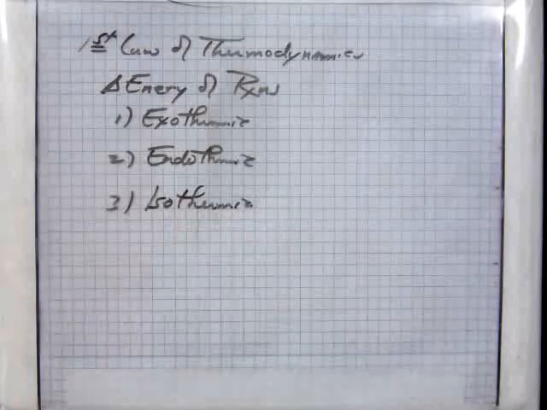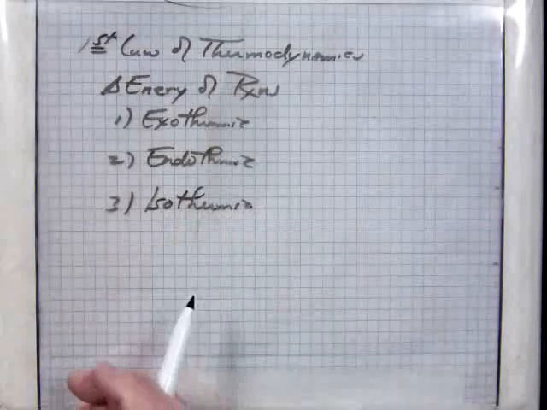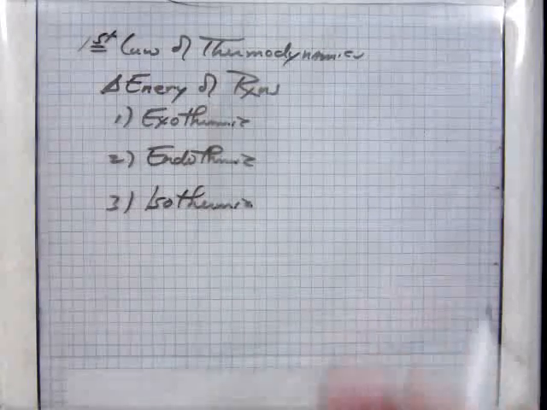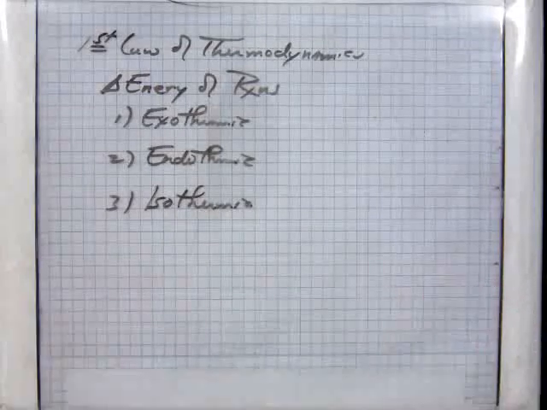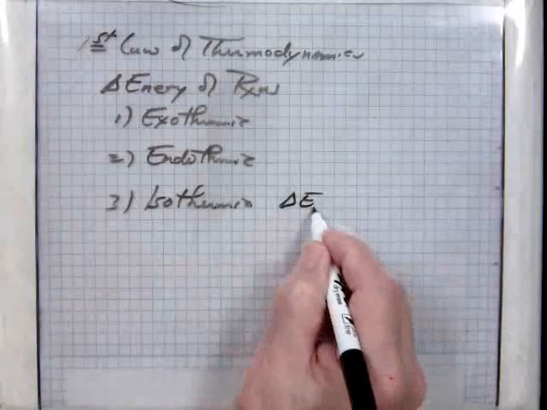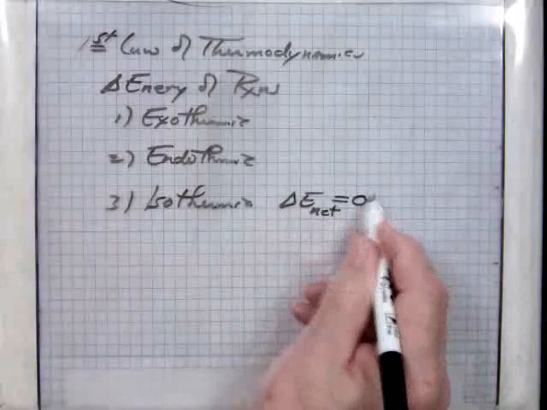A process may go through many steps, but the starting energy winds up at the ending energy, the same place as the starting energy, and it means that delta overall net is equal to 0.